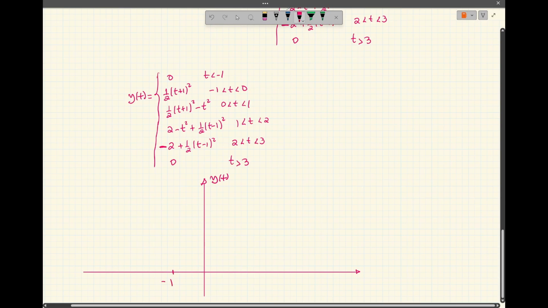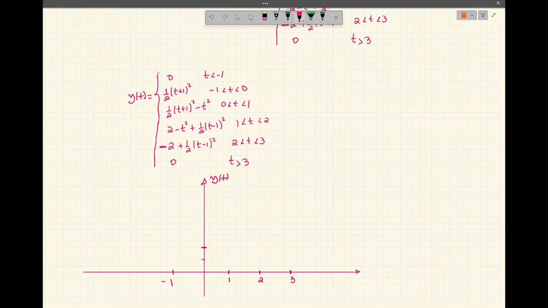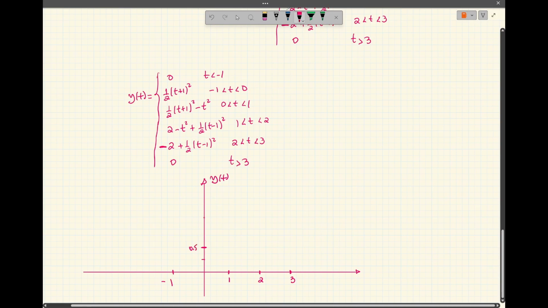So this is -1, this is 1, this is 2, this is 3. Let's say this is 0.5, that is 1.